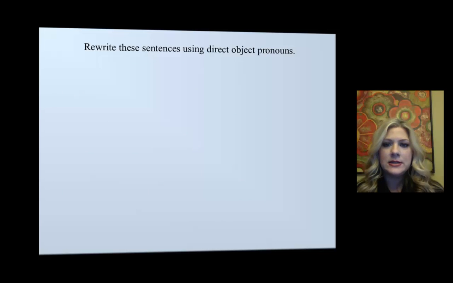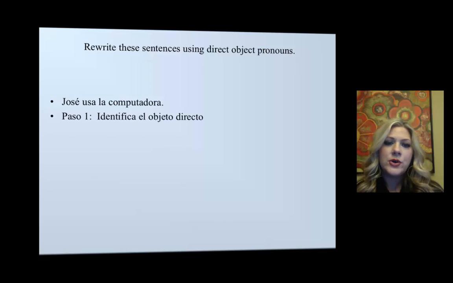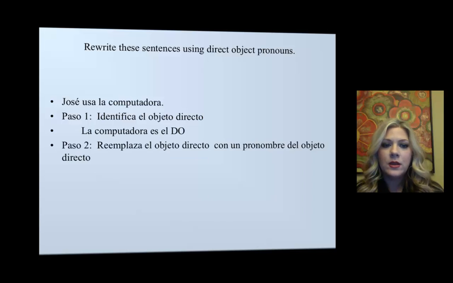Let's rewrite these sentences using direct object pronouns. José usa la computadora. Our primer paso es identificar el objeto directo. The first thing we want to do is identify the direct object. José uses what? La computadora. Paso 2 es reemplazar el objeto directo con un pronombre del objeto directo.